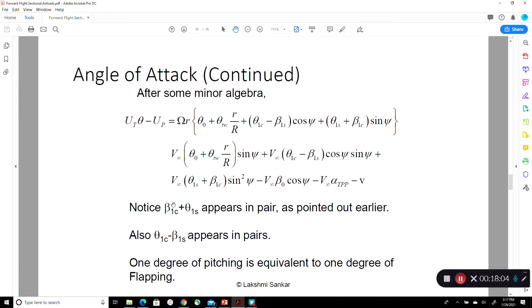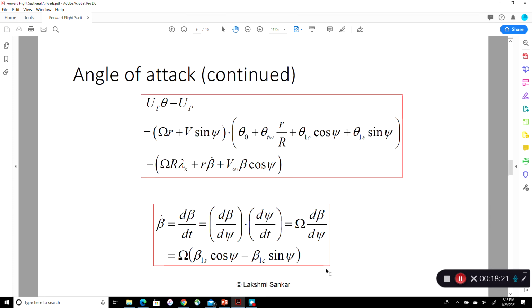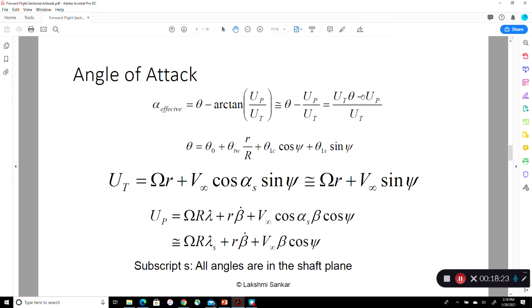So 1 degree of pitching has the same effect on alpha as 1 degree of flapping. Sometimes we say 1 degree of pitching is equivalent to 1 degree of flapping for this reason. So we have computed this quantity which appeared in the numerator of the expression here.